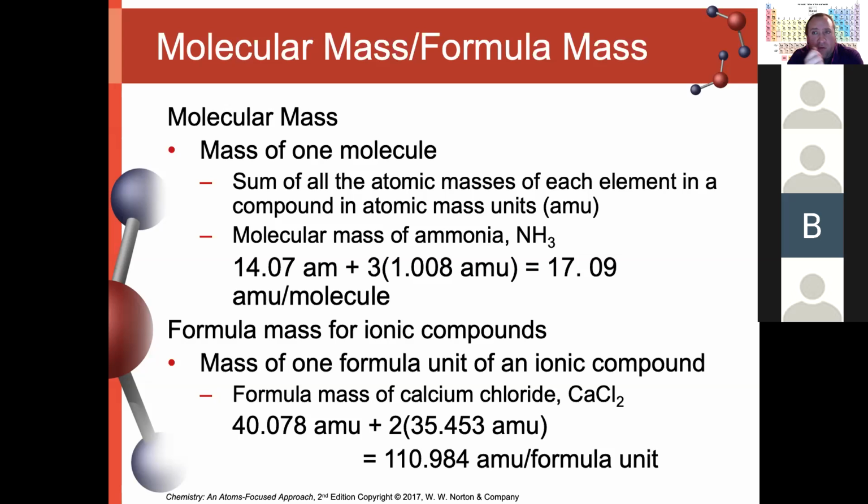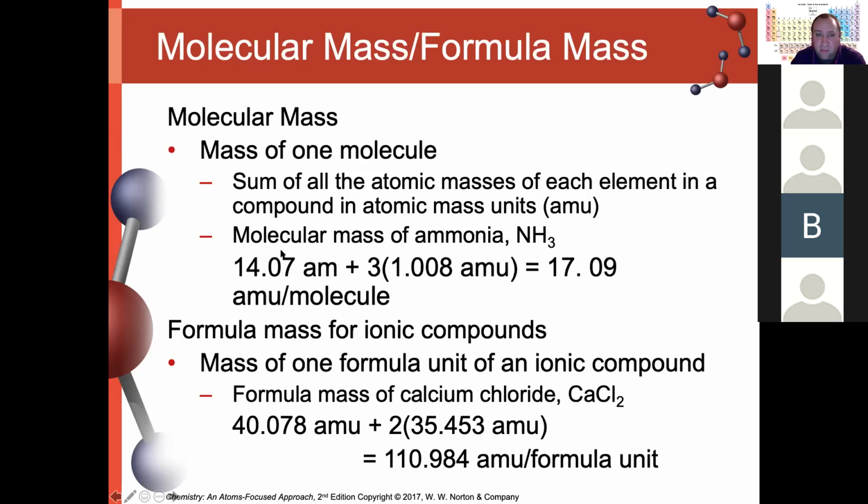And so from that perspective then, if I know the molecular formula, all I need to do is just look up what the masses of each of the atoms are. So take, for example, ammonia here. Ammonia, NH3, has 1 nitrogen atom and 3 hydrogen atoms.